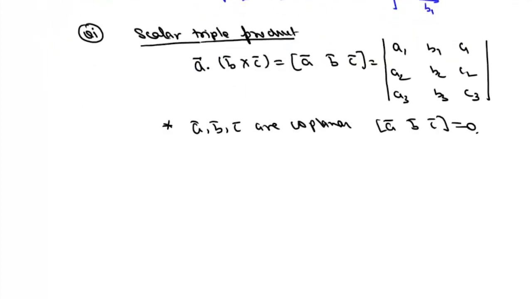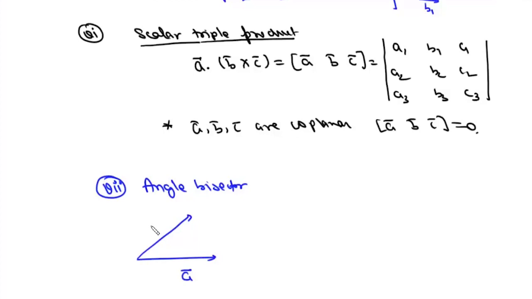And finally we have this seventh one, which is angle bisector. Now if we have two vectors A and B, then the internal angle bisector of A and B is given by A cap plus B cap. So all we need to do is find the unit vector in the direction of A, the unit vector in the direction of B, and add them.